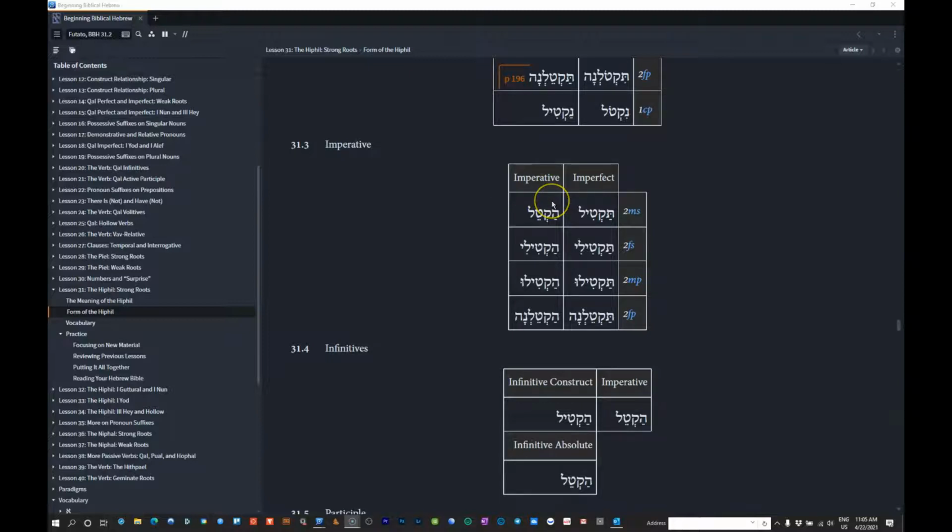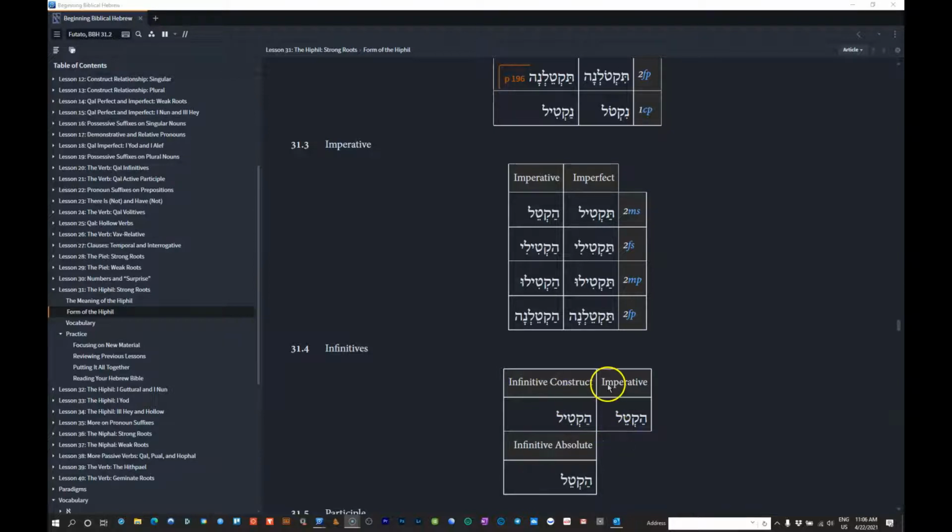In the imperative, you're actually going to get the sere vowel. You're going to get that in the imperative and in the infinitive absolute. So in the Hiphil, it's almost the opposite of what I would expect. In the infinitive construct, I would expect that vowel to contract into the sere, but just remember that the infinitive, and again, I'm trying to think of a mnemonic here that'll help you keep these distinct.